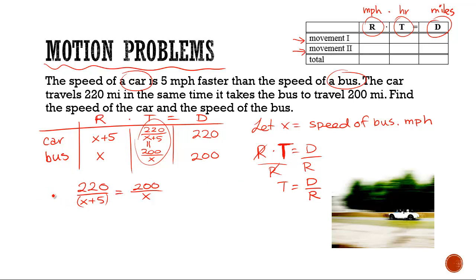So actually it's like we're multiplying by the lowest common denominator, which is x and x plus 5. If we do that, you'll notice that we're left with 220x equals 200 times x plus 5, which essentially was a cross multiplication. And now we solve that.